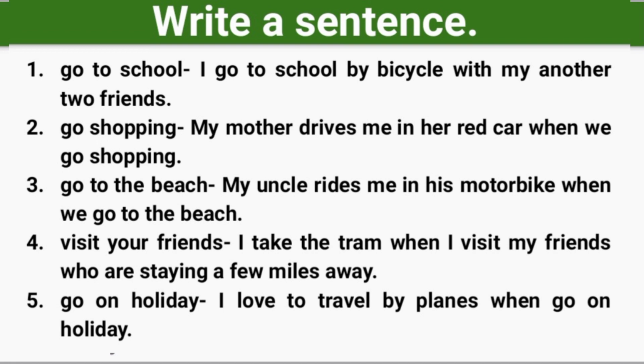Here I have something to highlight. What I'm going to highlight here is the use of verbs associated with different forms of transport. Let's look at number 2. My mother drives me in her red car when we go shopping. So, here when I say drives, it is associated with car.